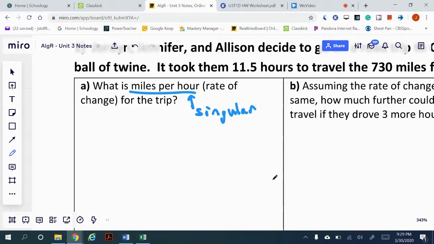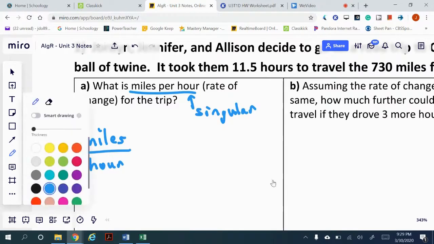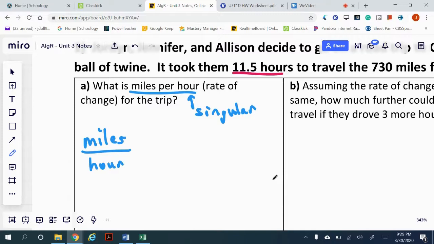But what we see is miles per hour. So essentially what that's saying is the same way rise per run is rise over run, we are essentially saying miles over hours. Well, if we look at what we have up here in the problem, we have a number of hours and we have a number of miles. So we can pretty easily just take the miles and put it over the 730 over 11.5.